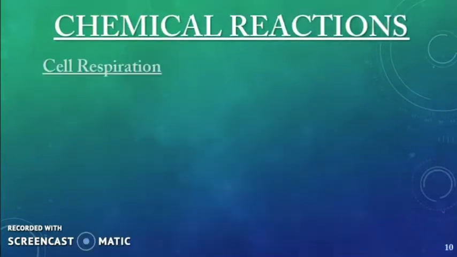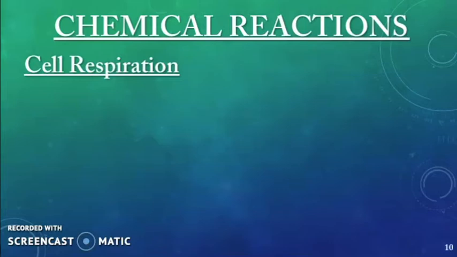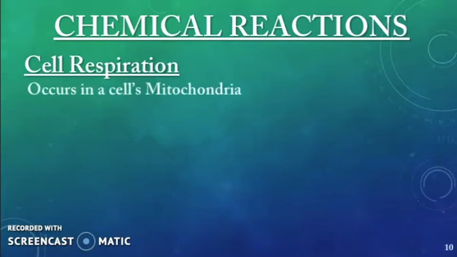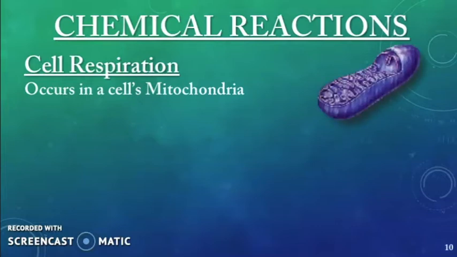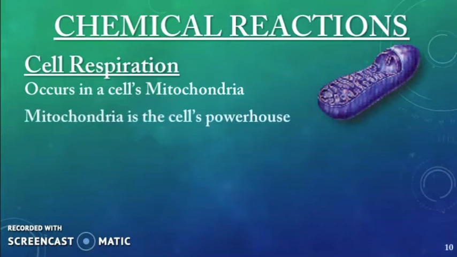So let's look at the opposite of photosynthesis. It's called cell respiration. And what happens there? Well, cell respiration occurs in a cell's mitochondria. Now, these are little organelles, is what they're called, in our cells that basically help convert that sugar, that glucose, into energy for our bodies that we use.